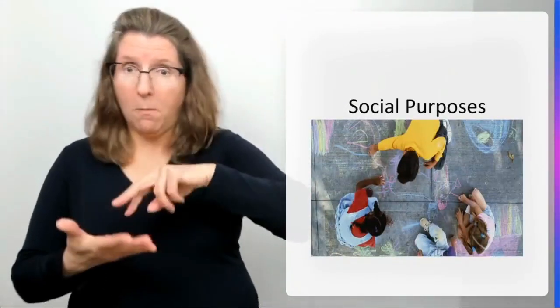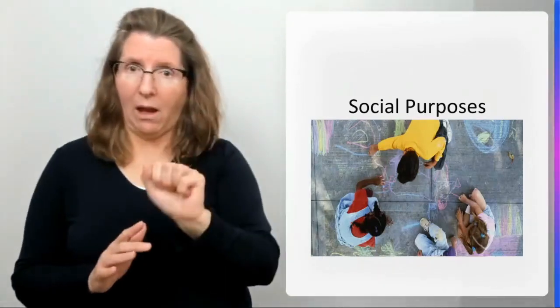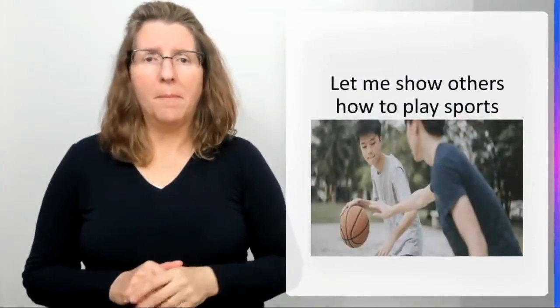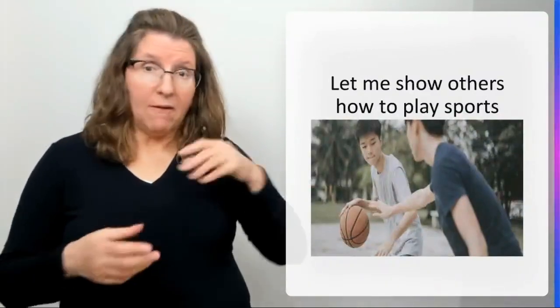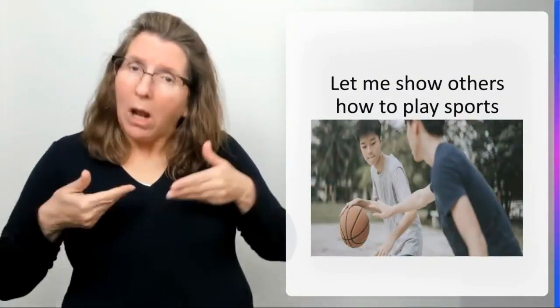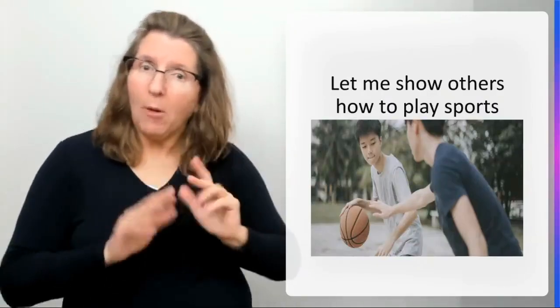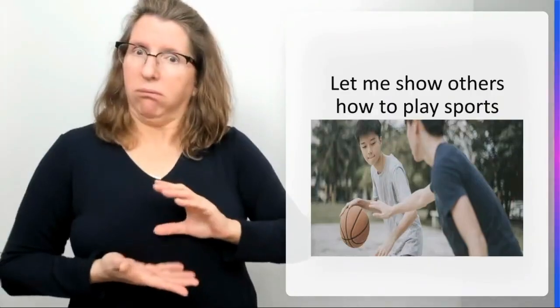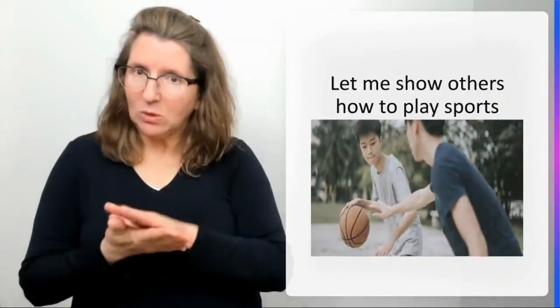What kind of social purpose does Aiden feel about school? Aiden certainly has a social purpose in school due to his interests in sports. He can teach and play sports with others. This gives him a sense of pride and place. He has a purpose.